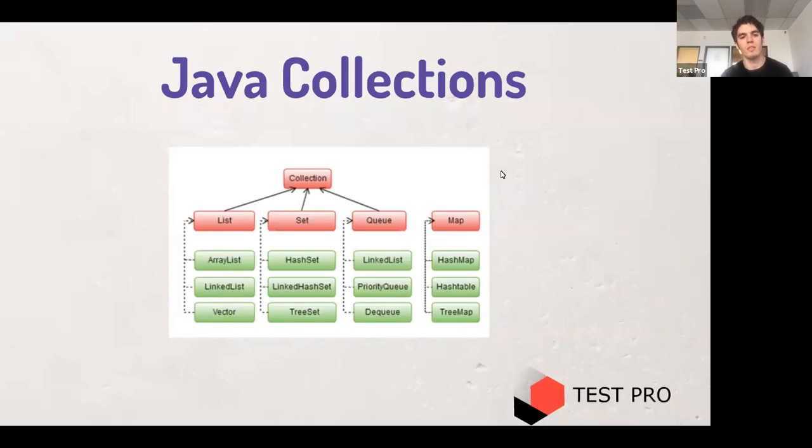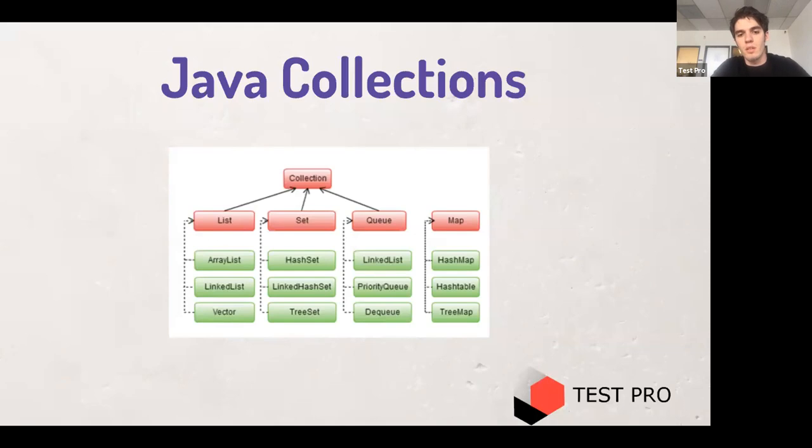So what are we going to cover today? Today we're going to cover Java collections. Java collections is a special Java library which allows you to interact with multiple objects, multiple things.